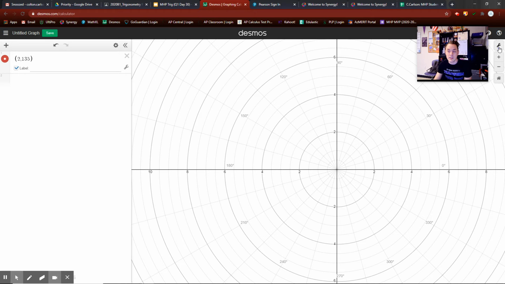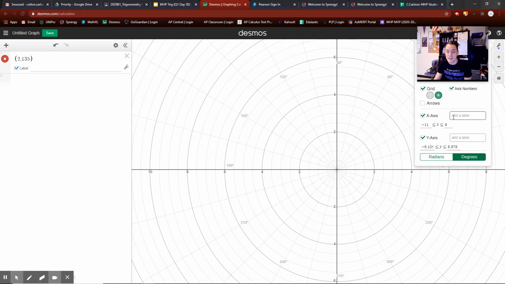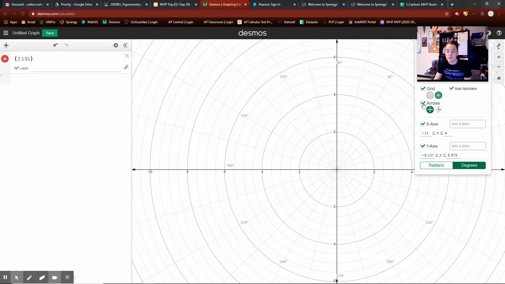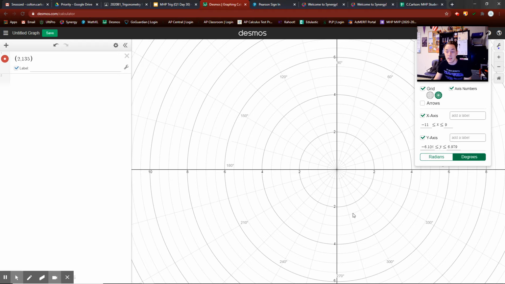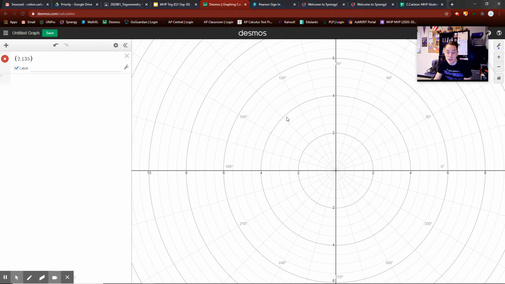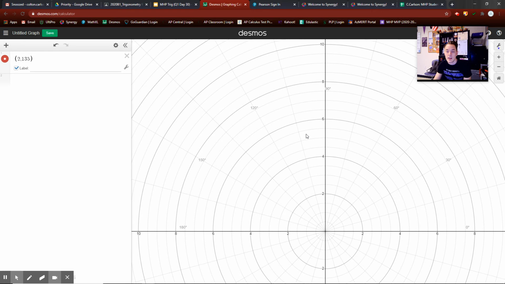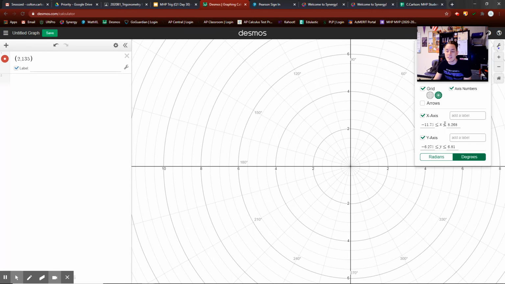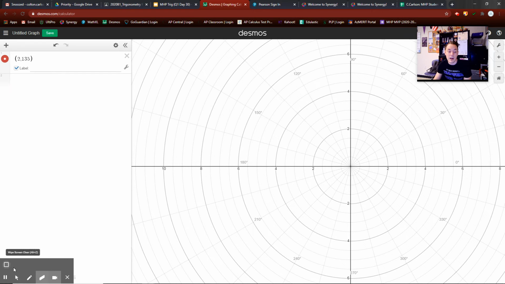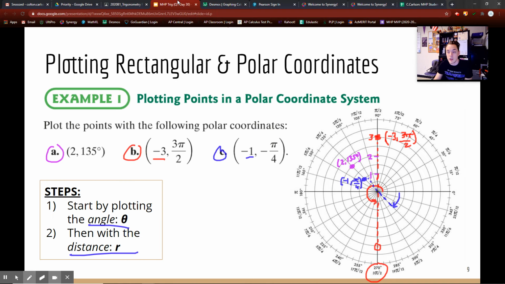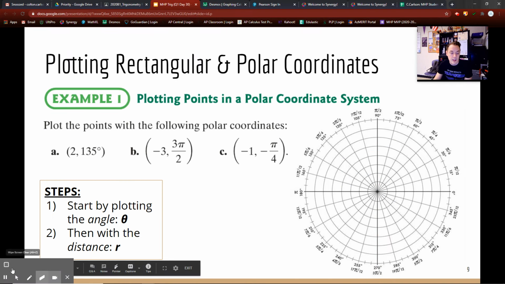It just does not give you adequate polar coordinates. Even if you put it in degrees, it should show up, right? But it doesn't. And that's the really unfortunate part. So I guess Desmos is only really good for graphing, which again, we're not going to do today. We're going to do it in the next couple days.